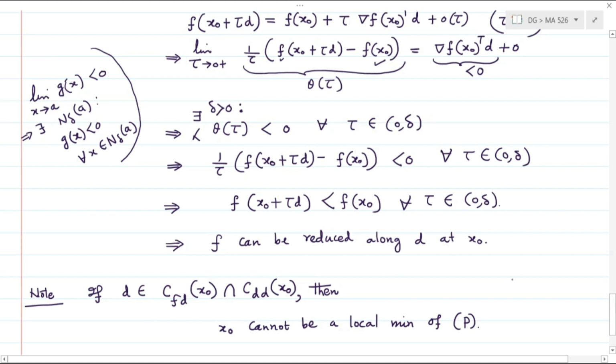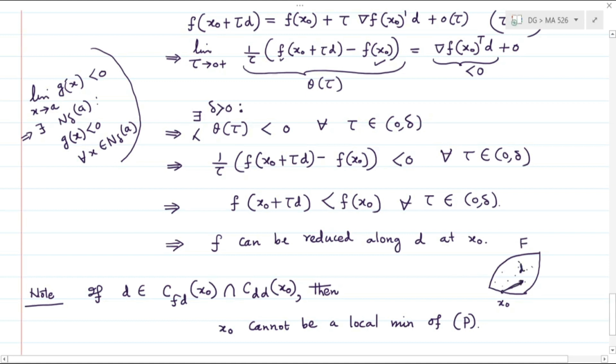Because once d is a feasible direction, let's suppose my constraint set is this set, the set of all these points, and you consider a point x naught anywhere inside the constraint set, capital F. And now here, if d is a descent direction, then what will happen?